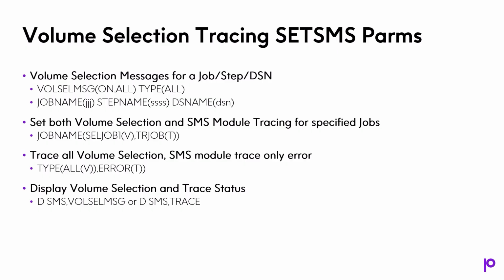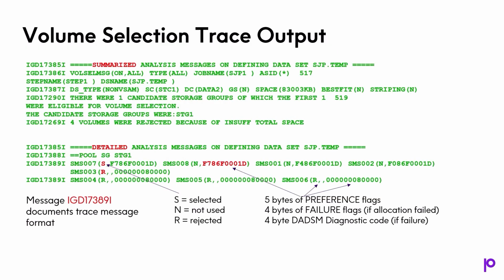If it's useful once you set this, you may want to say, I want to display the volume selection trace parameters. So I can say DISPLAY SMS VOLSEL MESSAGE, and it will show me what volume selection tracing I have enabled. It's a little easier to see in an example. So let's take a look at an example.